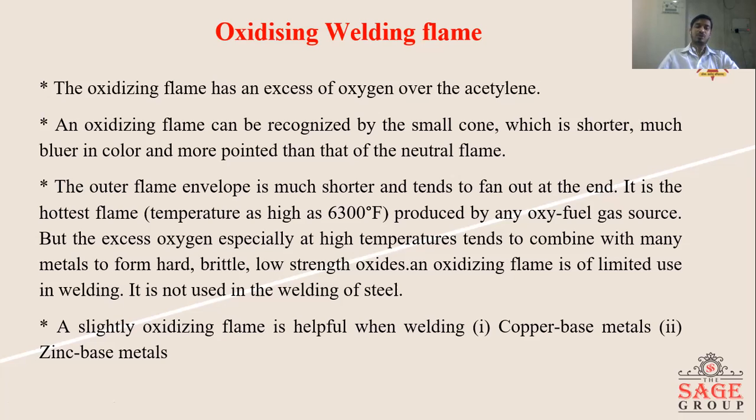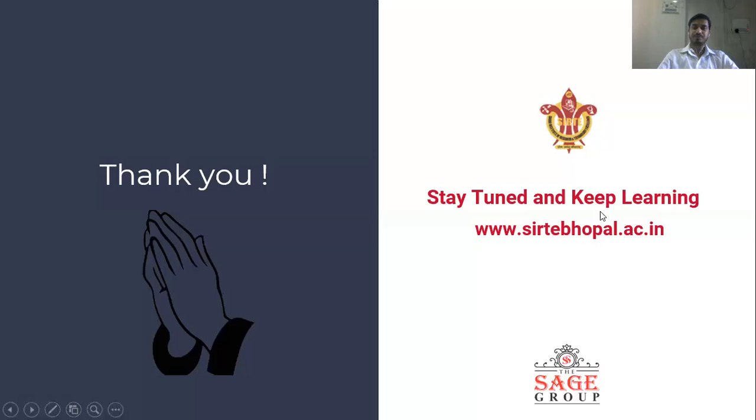But excess oxygen, especially at high temperature, tends to combine with many metals to form hard, brittle, low-strength oxidized metal, so the oxidizing flame is of limited use in welding. It is not used in the welding of steel. A slightly oxidizing flame is helpful when welding copper-based metals and zinc-based metals. So these are the features of the oxidizing welding flame.